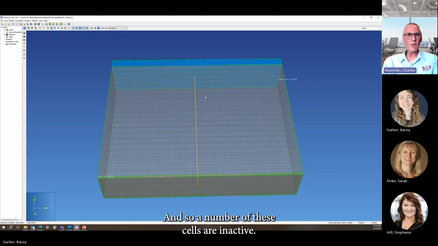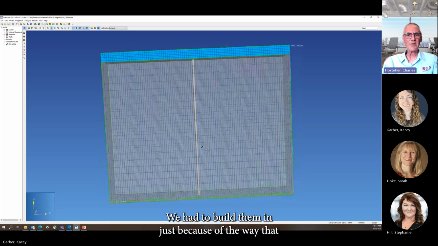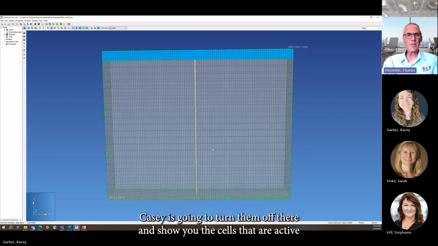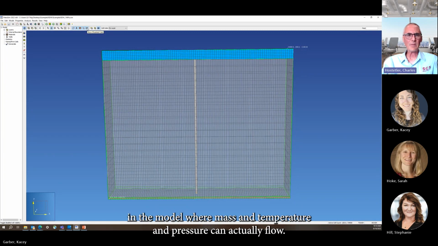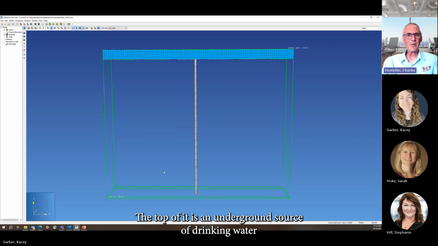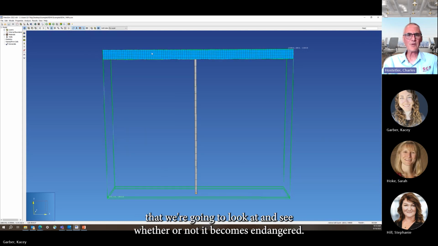And so a number of these cells are inactive. We had to build them in just because of the way that TOUGH2 works. Casey's going to turn them off and show you the cells that are active in the model, where mass and temperature and pressure can actually flow. So this is the active part of the model. The top of it is an underground source of drinking water that we're going to look at and see whether or not it becomes endangered.